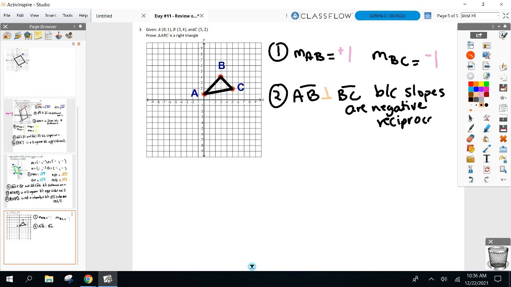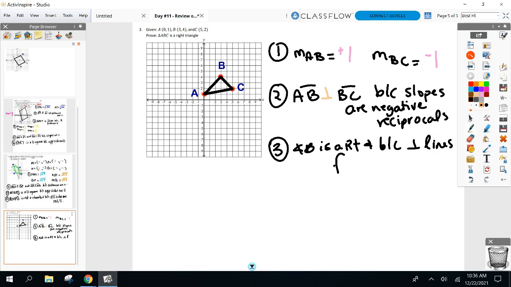And now this is almost like a version of your statements and reasons. I said the lines were perpendicular. Now what do I usually tell you? If you know the lines are perpendicular, now I say I have right angles, right? Angle B is a right angle because perpendicular lines form right angles.